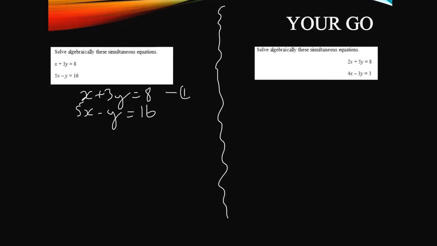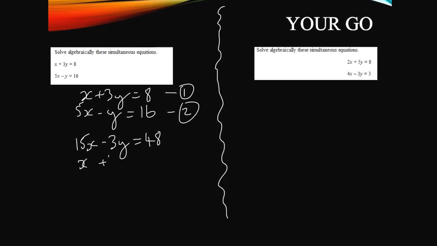So if this is equation 1, this is equation 2, I'm going to multiply equation 2 by 3. That gives me 15x minus 3y equals 3 16s are 48. I'm then going to take my other one, x plus 3y equals 8. Thinking about what to do with these, I'm going to add them together.